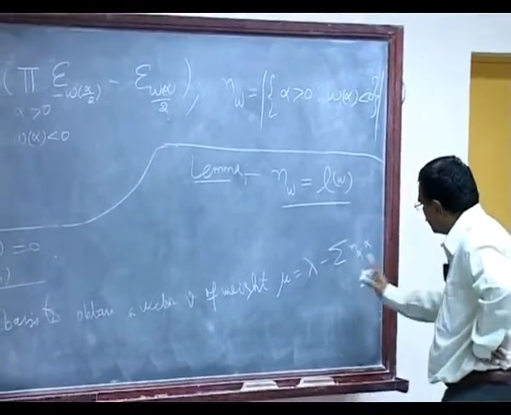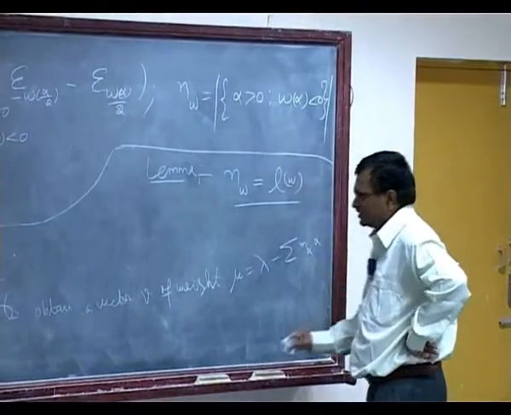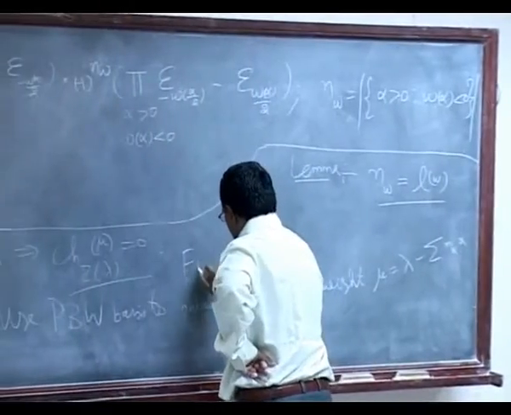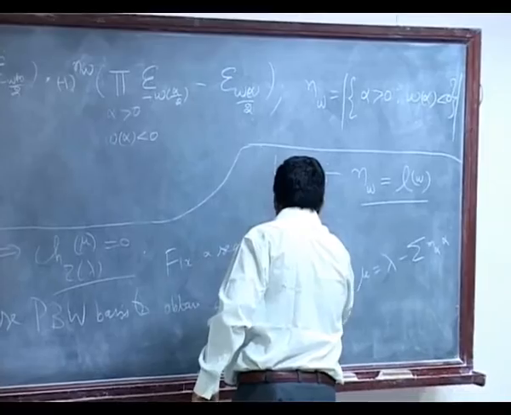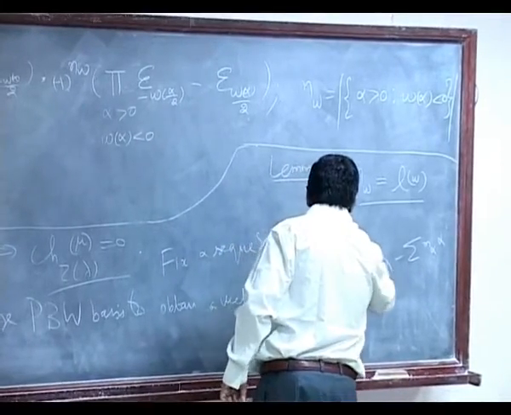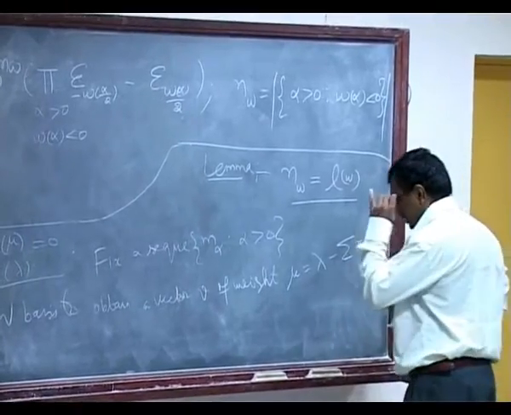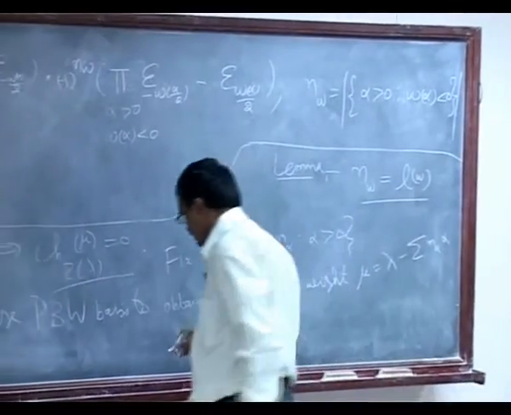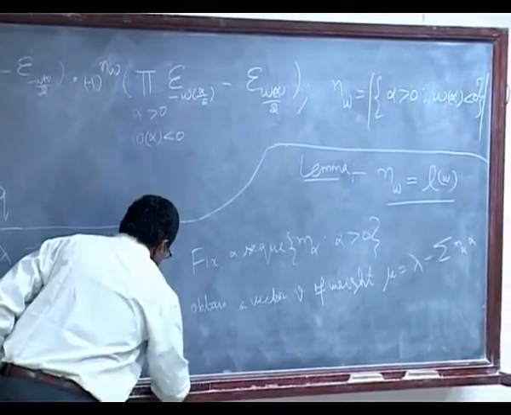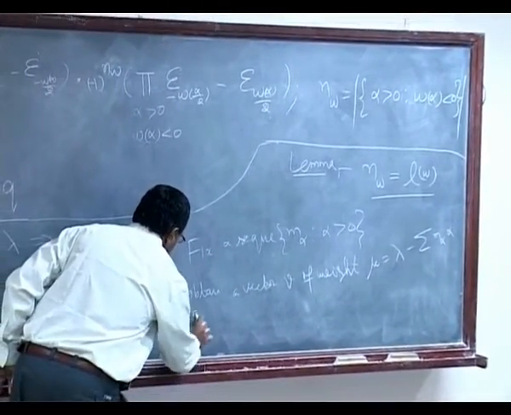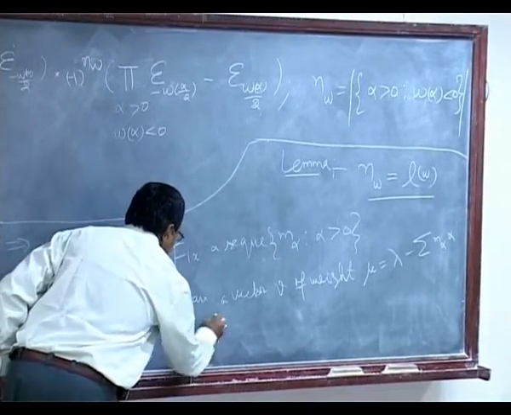And suppose I take one sequence, fix a sequence m alpha positive of non-negative integers, then I take that thing. Then you can use that ordering of the basis. So, O alpha power m alpha positive to V lambda plus.